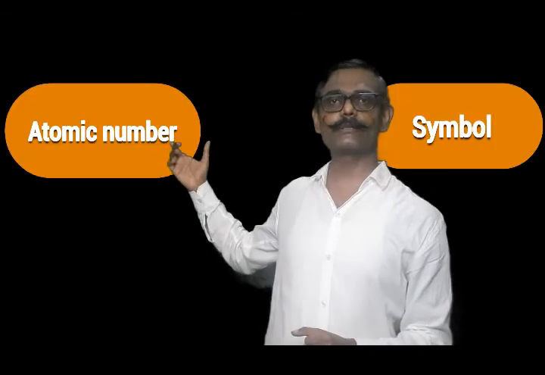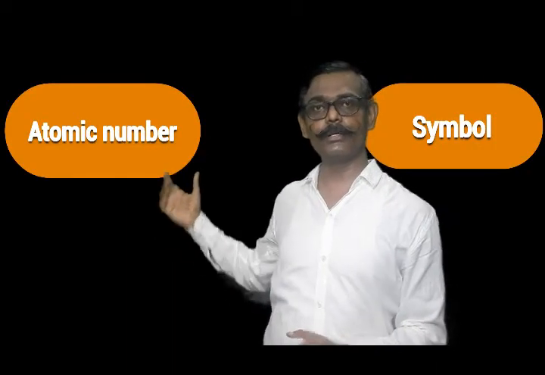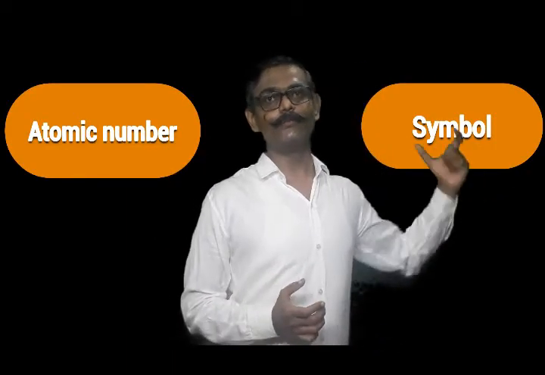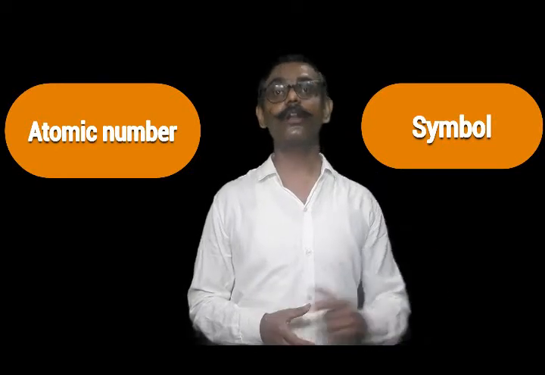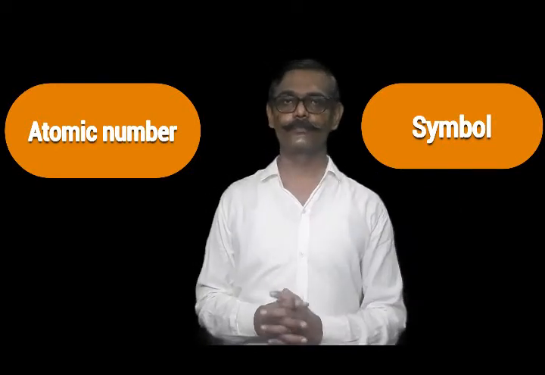And colors, whichever are asked you to remember, those are for tripositive ions. Now don't get confused by color, it will help you later on. Now we will discuss this atomic number and symbol or name of the element.